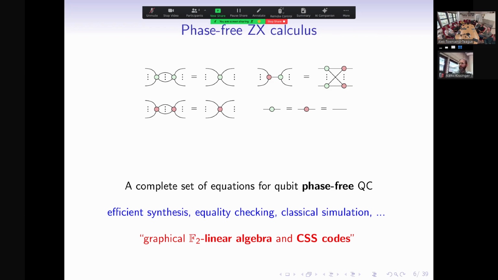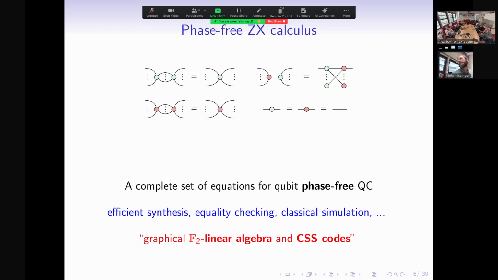Nothing is orthogonal, I think. If I think about states which are +1 eigenstates of a CSS code, nothing is orthogonal to anything else. So it's quite a small fragment, but it's still a useful fragment for thinking about codes.